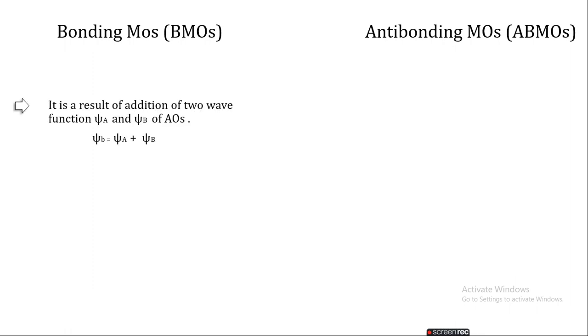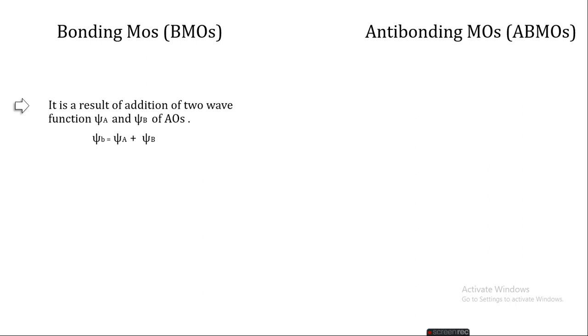Bonding molecular orbital is a result of addition of two wave functions, that is psi a and psi b of atomic orbitals. The mathematical representation is psi b, meaning psi small b, bonding molecular orbital, is equal to psi a plus psi b.